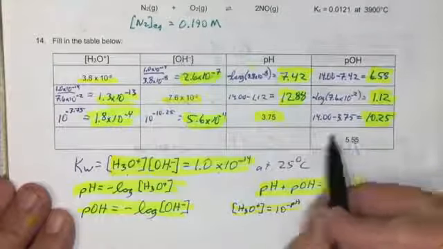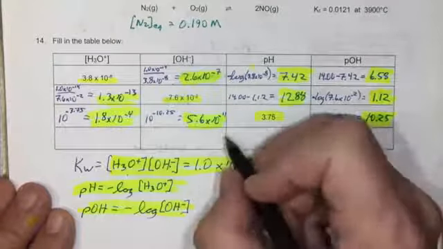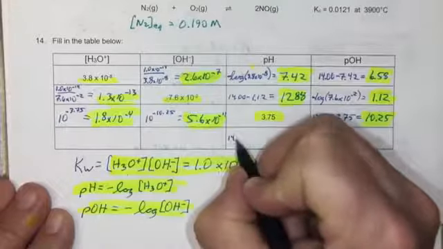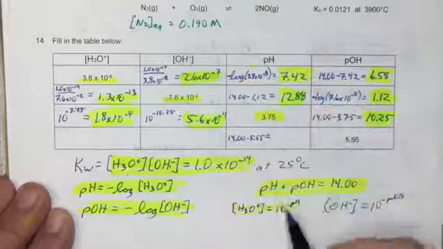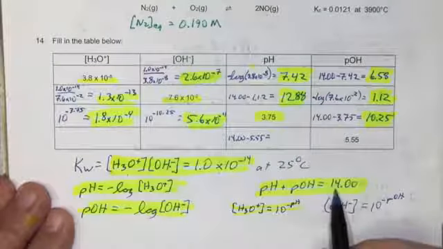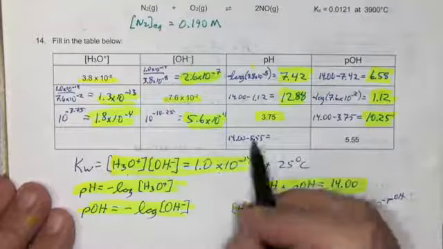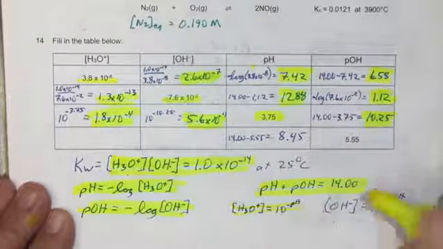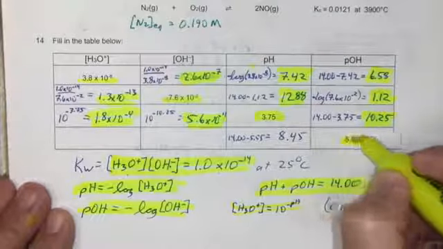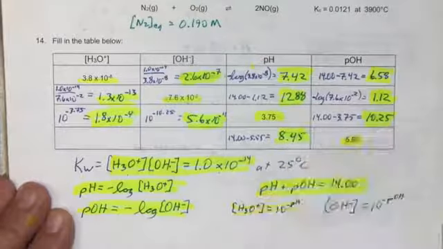If pOH is 5.55, the first thing I'm going to do is calculate pH. 14 minus 5.55 will give me the pH, because pH plus pOH always equals 14. And subtract those, I get 8.45. So if the pOH is 5.55, the pH is 8.45.